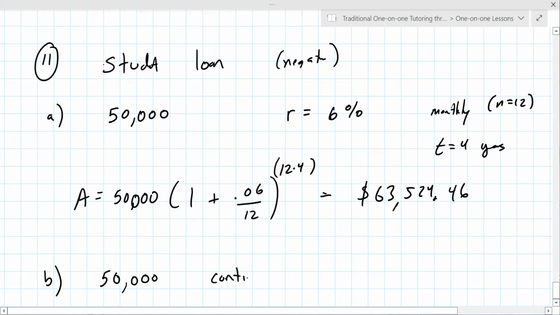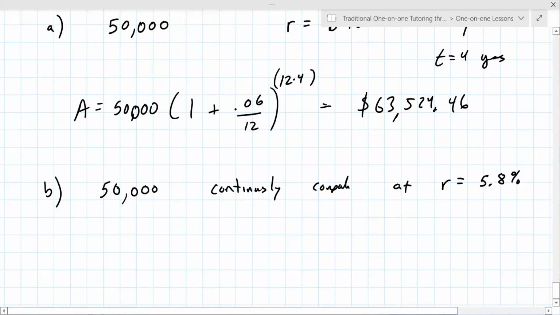Now, scenario 2 would be, okay, this time, and this is unrealistic because no money is ever continuously compounded, but let's say it's continuously compounded at r equals 5.8%. They don't have to give you any more information than that, because it's not monthly. It's still 4 years, because you're using Pert, P e to the rt. So your P is 50,000, e to the 0.058. Make sure you correctly convert that to a decimal, times 4.